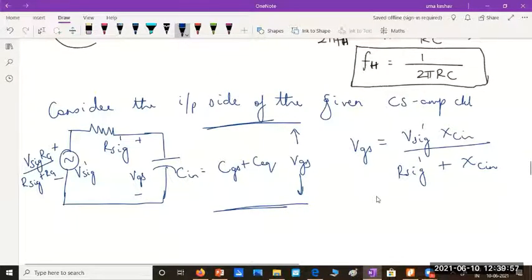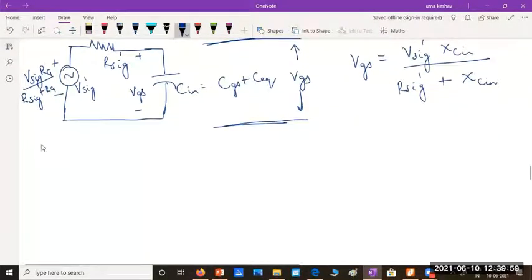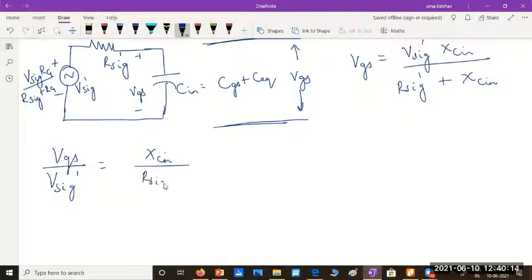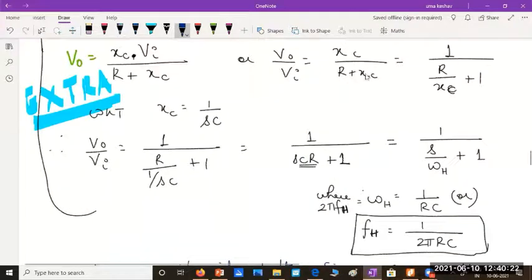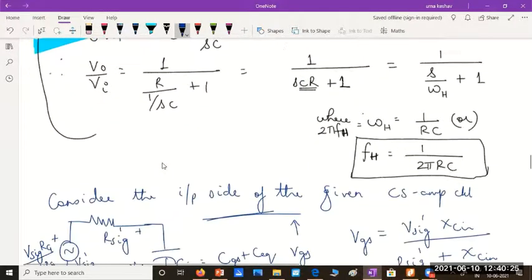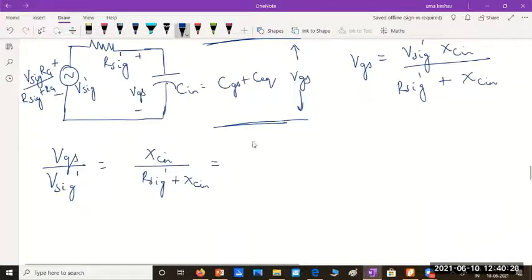So can you tell me the final equation directly? I am interested in finding VGS by V sig dash. What would be the simplification of this? I'll divide numerator and denominator. If you want, you do it again here. This will be 1 by R sig dash divided by XC in plus 1.